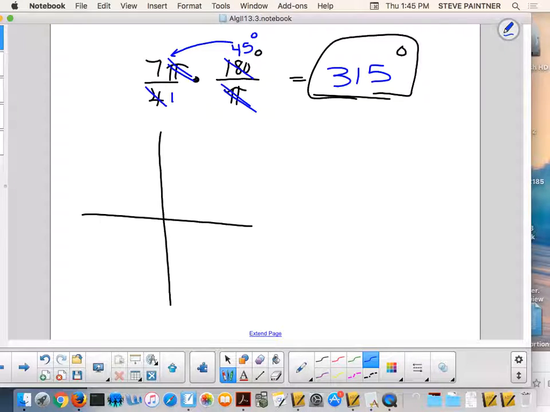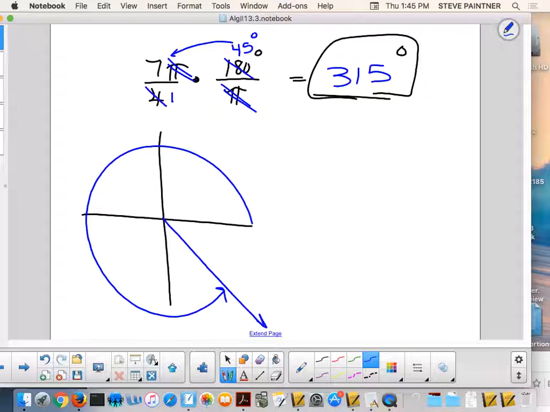Okay guys, look. We're looking at a 315. 7 pi over 4 is 315 degrees, which leads you to believe you'd be somewhere right around there. Okay? There's your angle in standard form, 315. Where's the triangle? Terminal side, x-axis, origin.